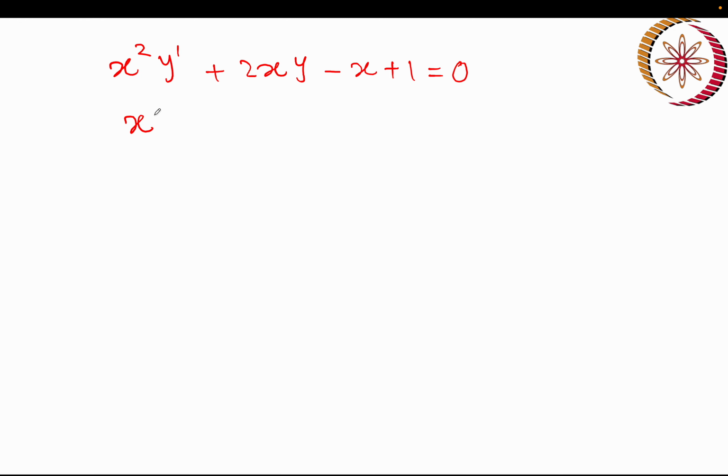Okay, so x square y prime plus 2xy is equal to x minus 1, and we can directly see that if you see this x square as u, then 2x is the derivative of that.